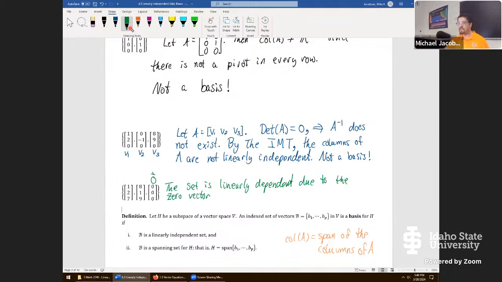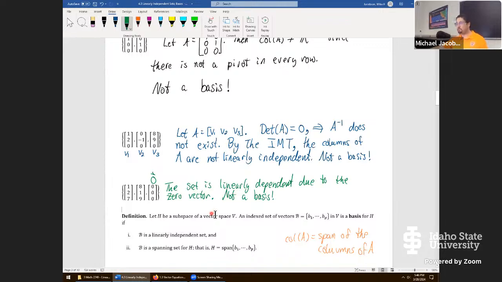And just to emphasize, there it is, that's our zero vector. We're usually seeing it with that symbol a lot. And so we're done. If we lose linear independence, again, we don't have a basis. So this is not a basis.